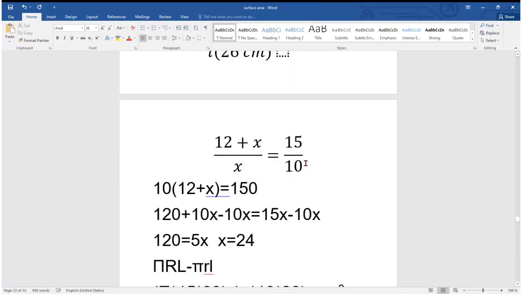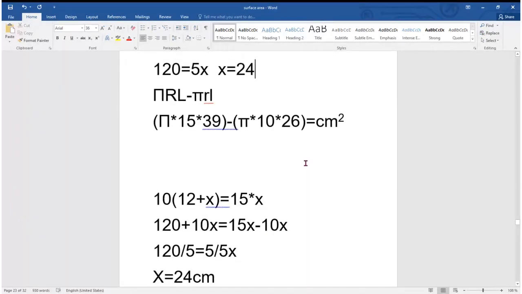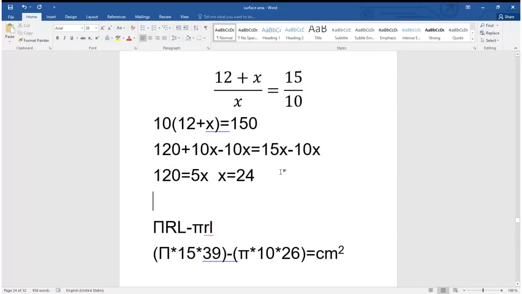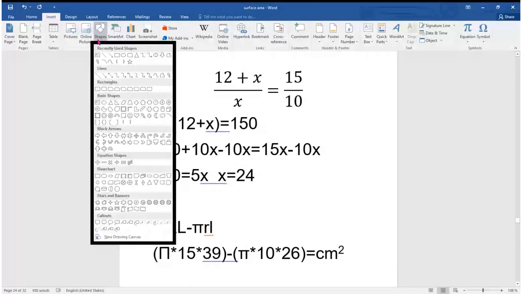Let me show you. After finding that, you now need to insert a right angle triangle here, and then use Pythagoras theorem. So this is my right angle triangle. And then we enter this.